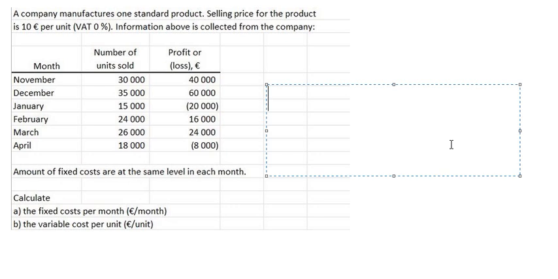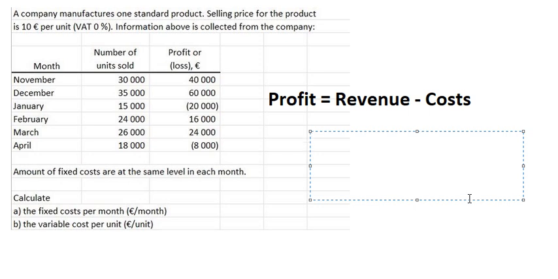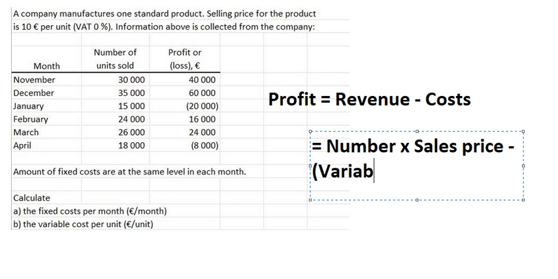So we know that the profit is the revenue minus the cost. In the revenue, we have the number of the product multiplied by the sale price. About the cost, we have variable cost and the fixed cost.